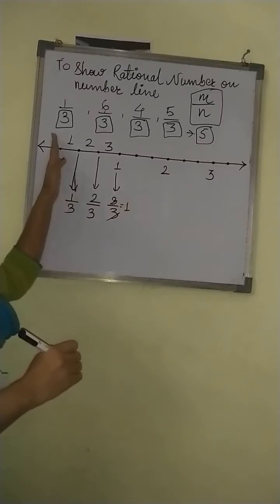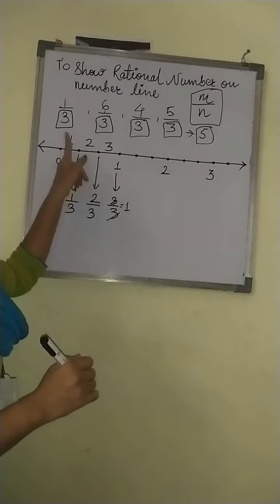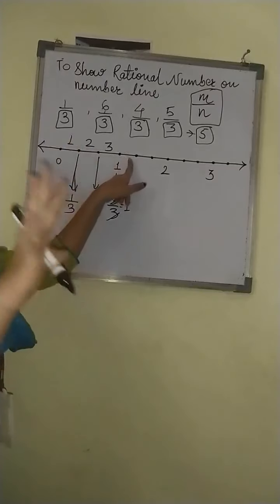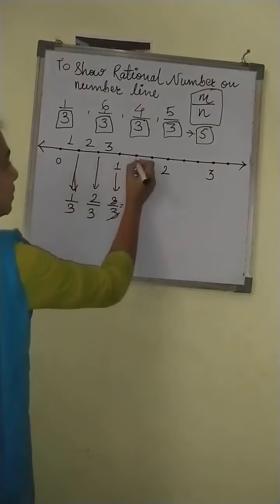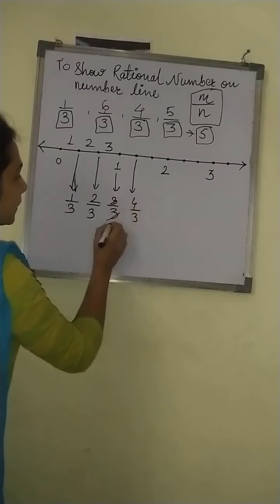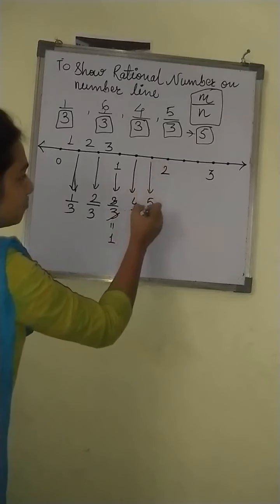Now from 0 we have made the parts like this. From 0 this was the first part, this was the second part, this was the third part, and now this is your fourth part. So the number for this is 4 by 3. This is 5 by 3.